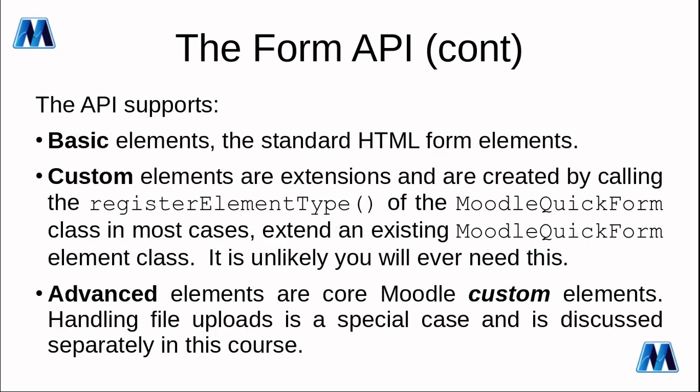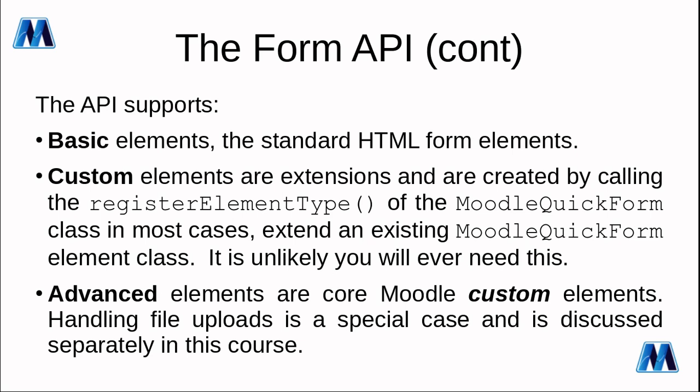Okay, so the API supports several different types of elements. So we've got the basic elements, which are the standard HTML form elements. Remember, the HTML5, the later HTML elements, are not defined as standard HTML form elements because we're using an old library.